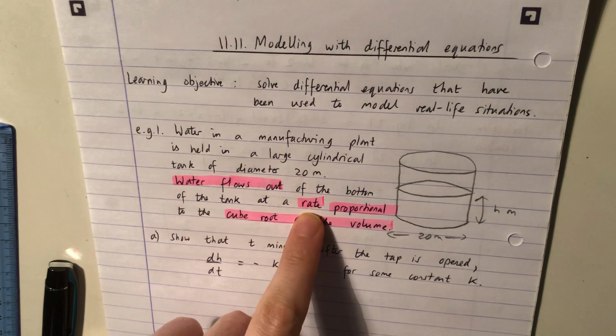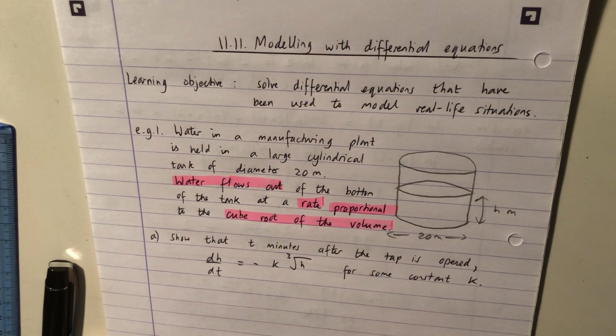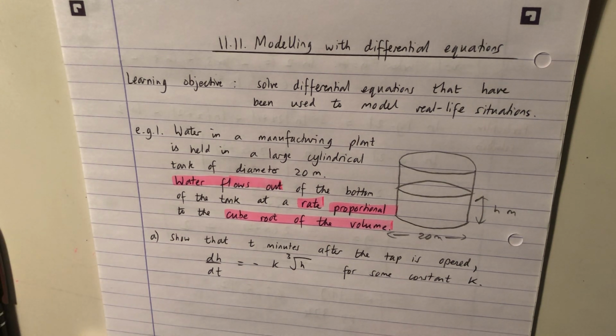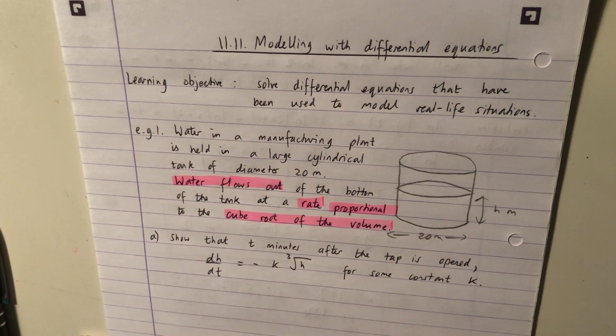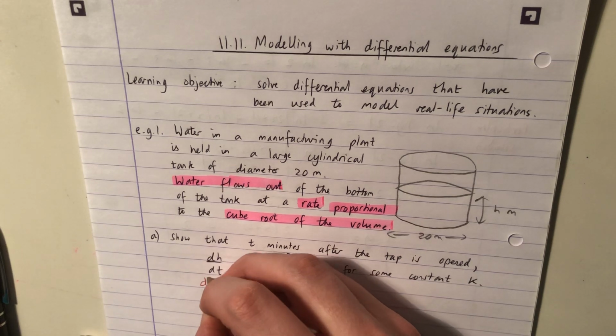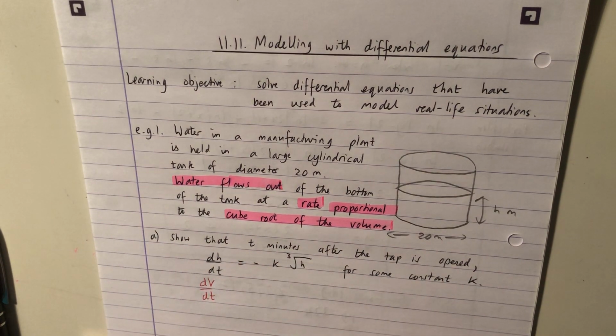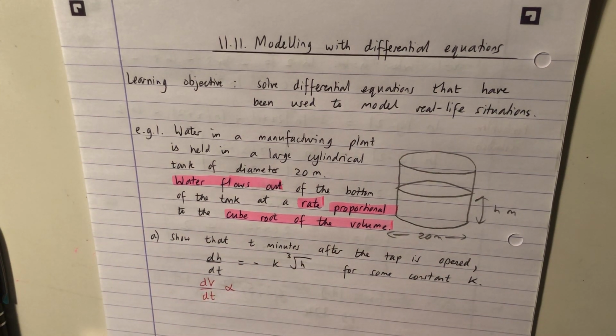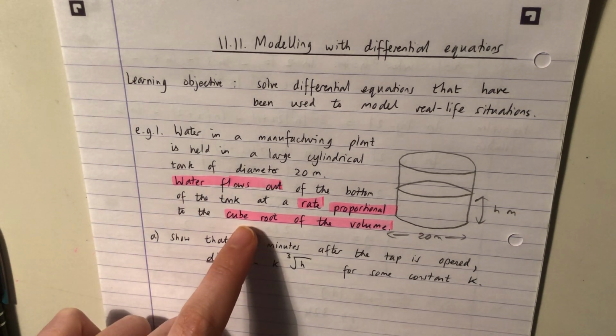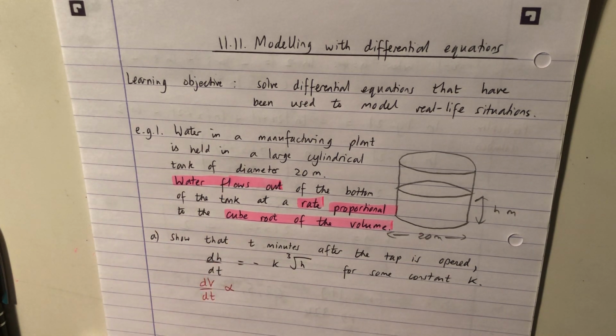Water flowing out at a rate. If water's flowing out, for me that's the volume of water flowing out, so it would be volume on the top, and then rate means with respect to time. So that is dV by dt. Water flowing out at a rate, volume with time, proportional to the cube root of the volume, and because it's flowing out, it has to be minus.